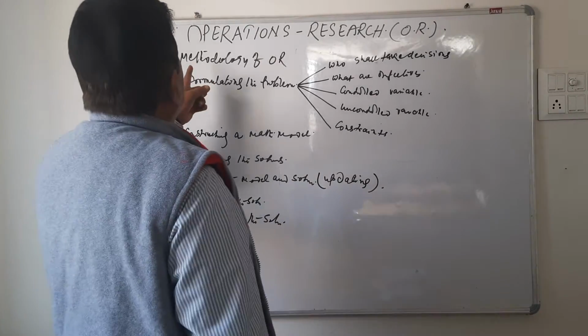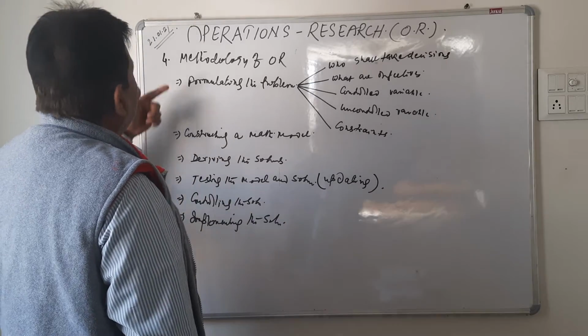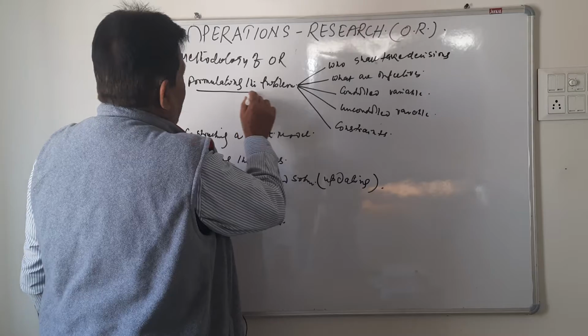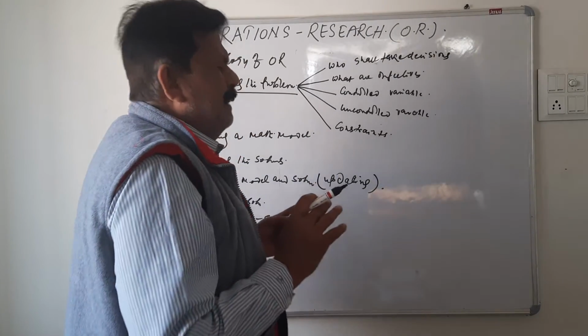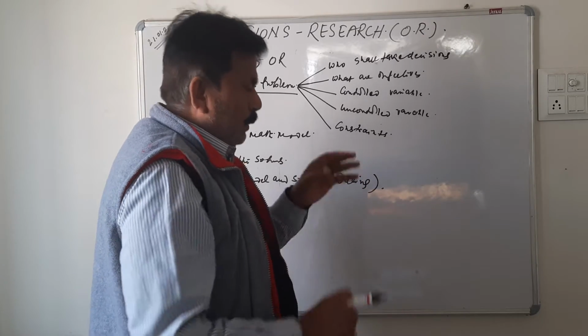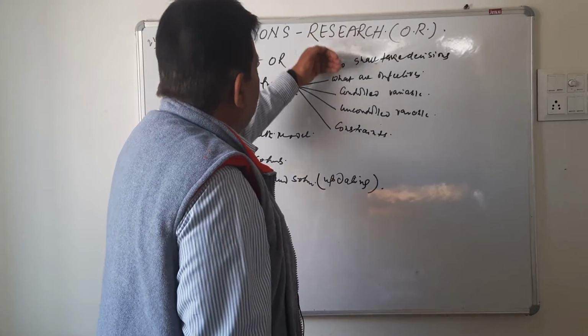Number 4 is the methodology of OR. Under methodology, there are 5-6 steps. First of all, formulating the problem. When the researchers from various fields sit together, the problem has to be put before them in language, and the team of scientists requires information on these subjects.